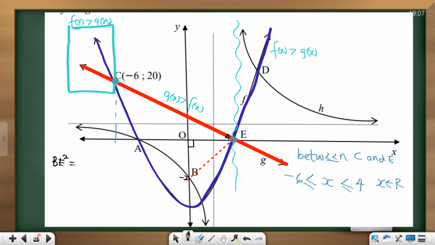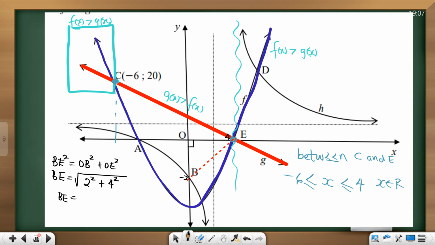Very smart. So we would say, yeah, it's the same. There's nothing wrong with that as well. OB squared plus OE squared. It's the same representation as the distance formula. So BE will be equal to the square root of, what's my OB? It's 2 squared. What's my OE? 4 squared.